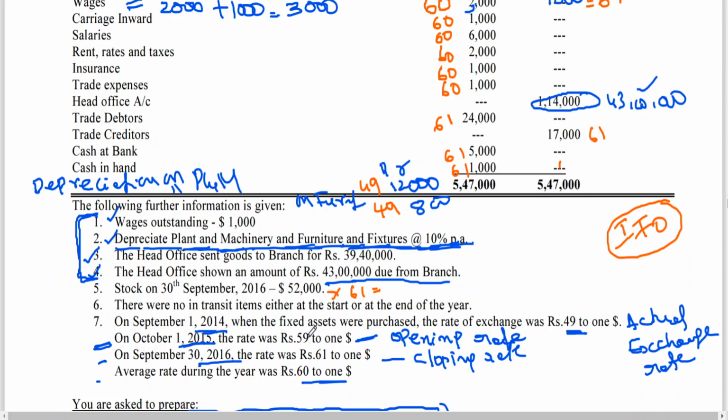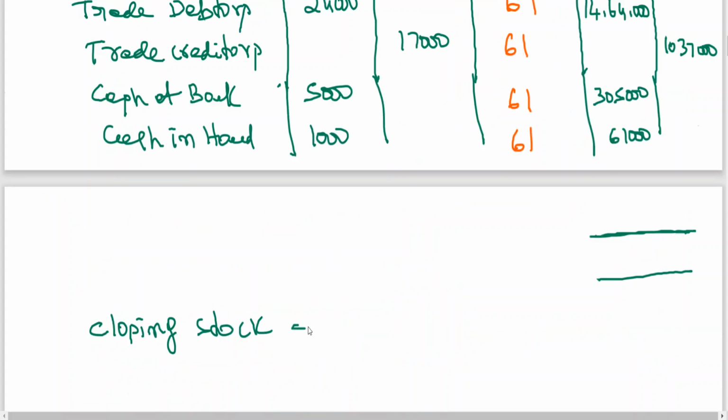Since we don't have the actual exchange rate, we are taking closing rate. $52,000 into 61 is coming to 31,72,000. You know what treatment is to be done for this particular adjustment. Clear to all of you?